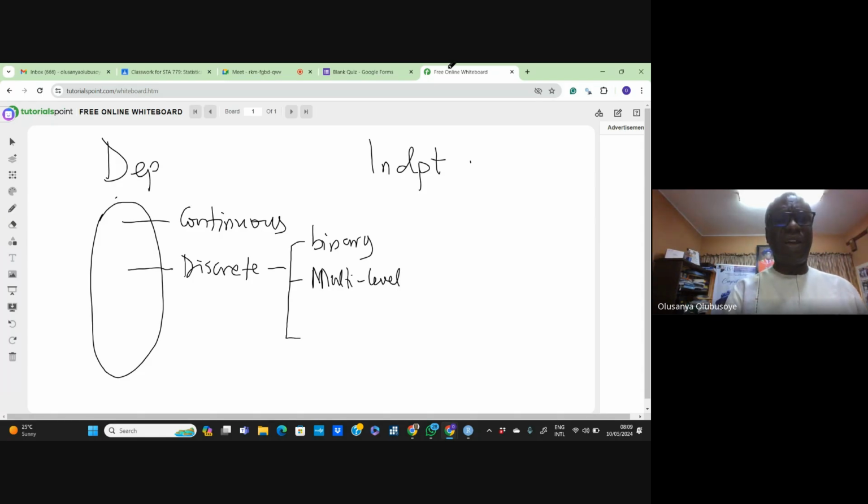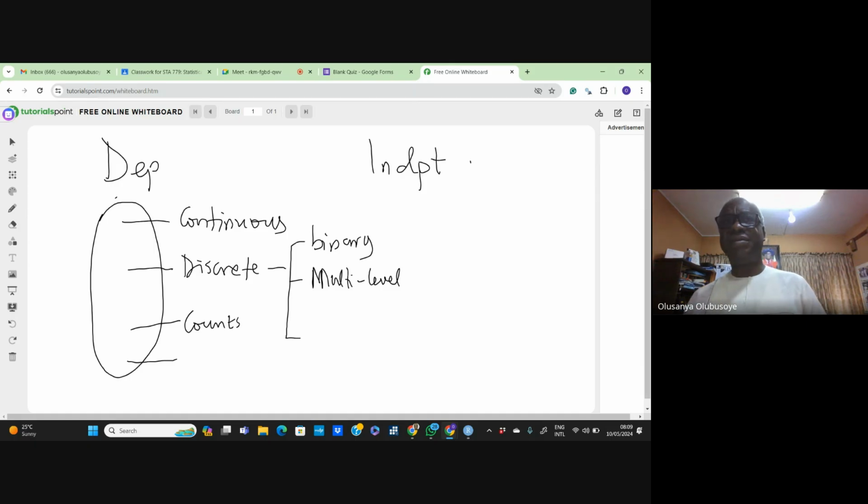You could also have dependent variables that are based on counts. You could also have those that are based on truncation, quite a number of them.